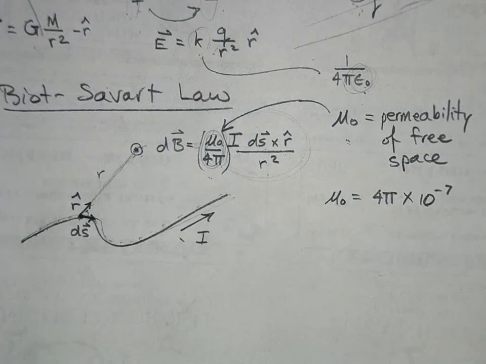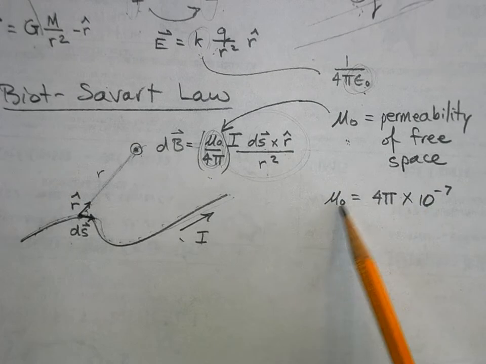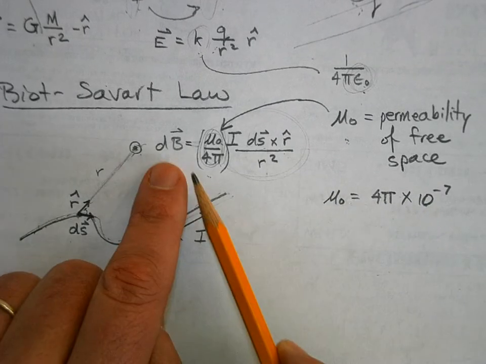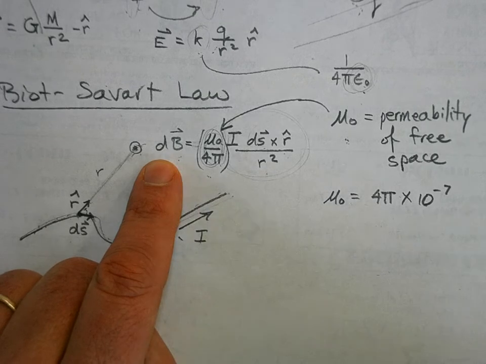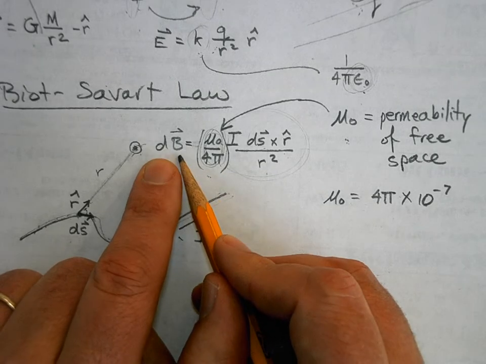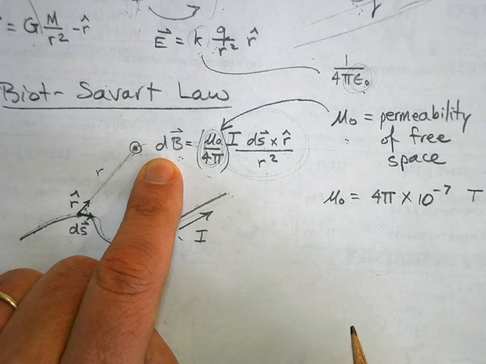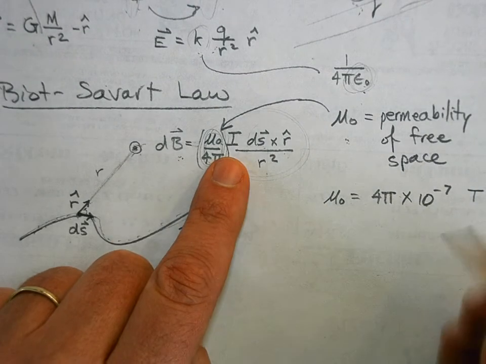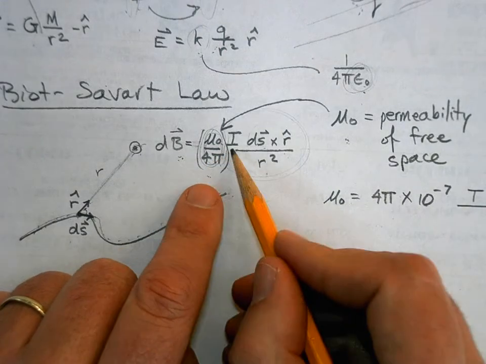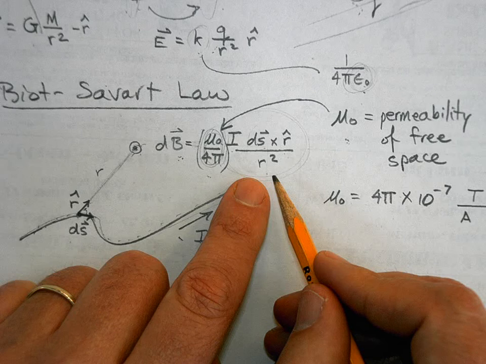Now, let's think about what units mu naught has to have. Because what units does magnetic field have? Well, it has units of Teslas. So we want to end up with Teslas, but then what do we have to cancel out? We have to cancel out the amps.